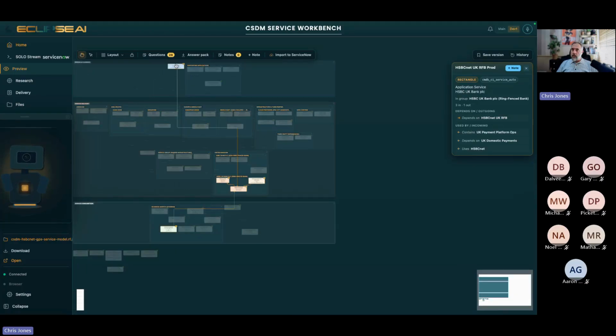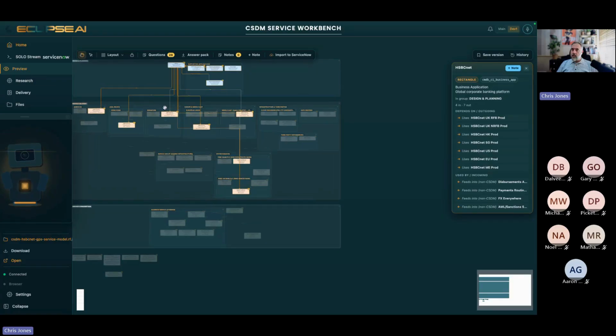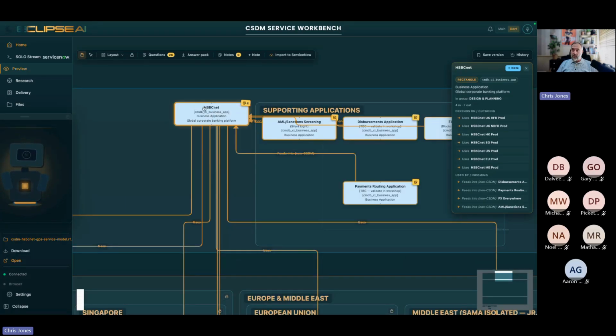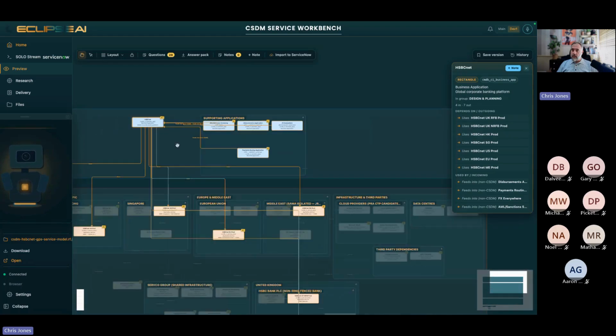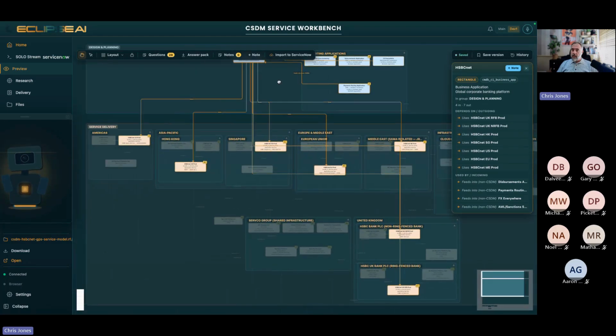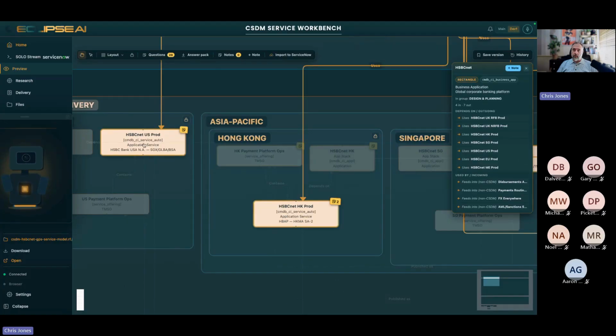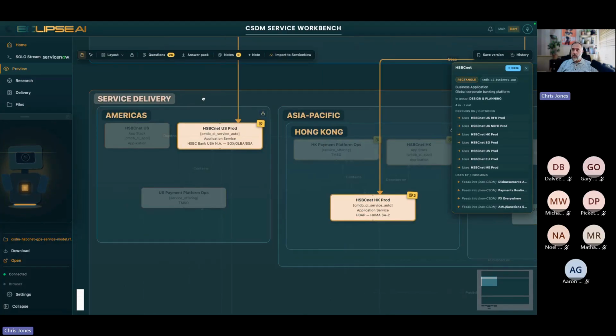If we wanted to click on that, we can then see where are all the other productive instances of this particular application, which is called HSBC Net. This is real. It's publicly available information. And we've been able to determine that immediately, that we've got all these at play for the global payment system, that these are very important productive application services that get rendered.